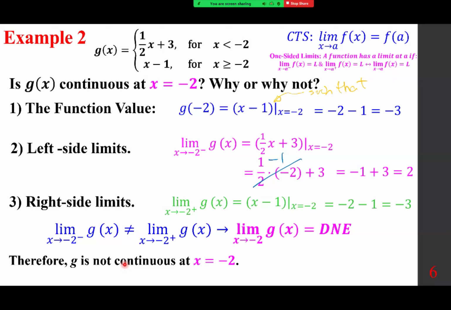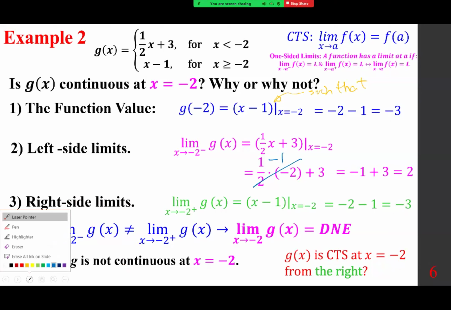However, notice the functional value and the right side limit are the same. Therefore, g of x is continuous at x equals -2 from the right. Okay, so to write this, you could write as follows.